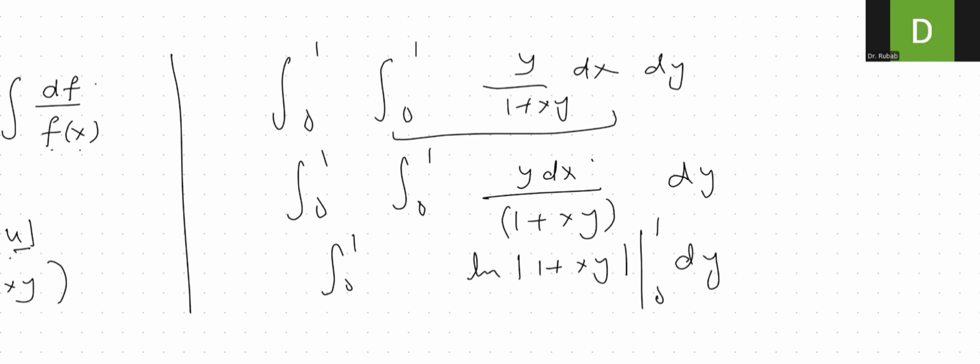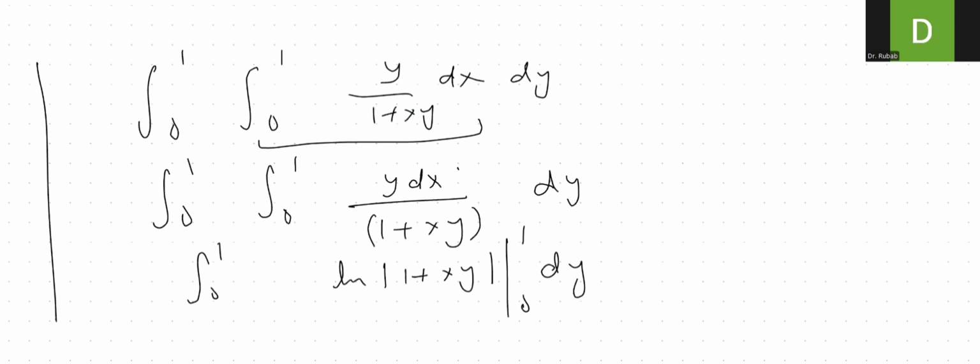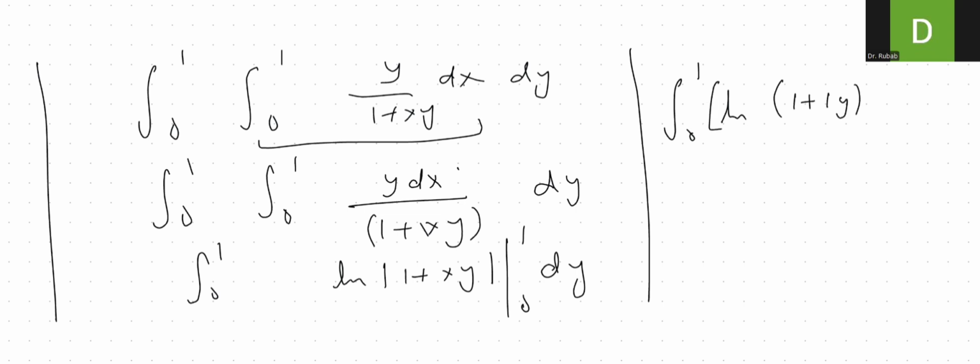Okay. Now I will apply the limits. I will apply the limit on x because I do the integration with respect to x. So natural log of 1 plus 1y minus natural log of 1 plus 0y, dy.